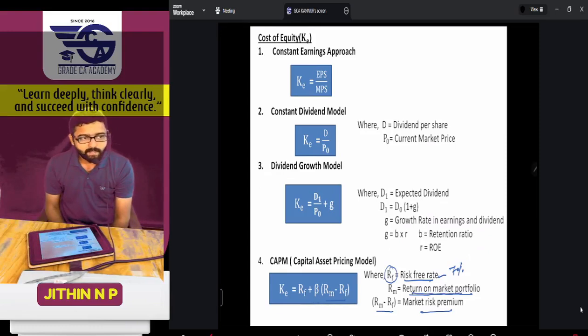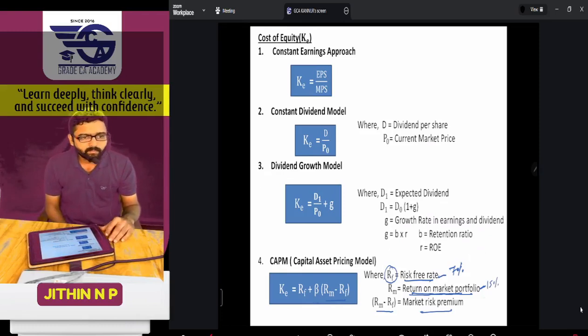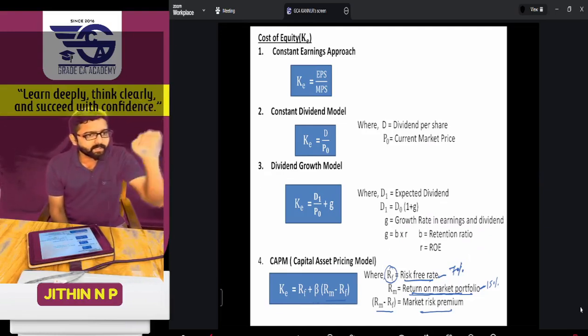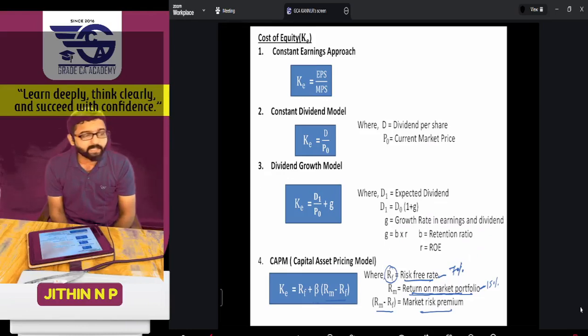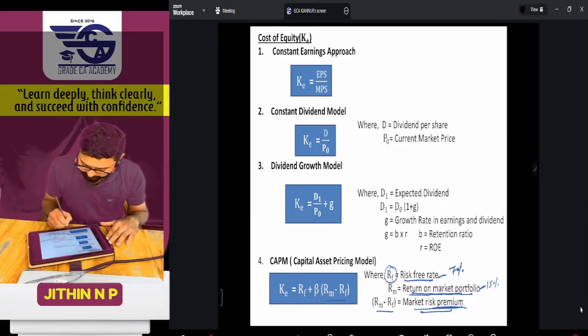Suppose the average return for any software company is 15%. Clear? Then what is the extra benefit I am getting from this investment? 7% is the risk-free return, and 15% I can get from the software company. That means the extra benefit I am getting is 8%. 8% is called the market risk premium.